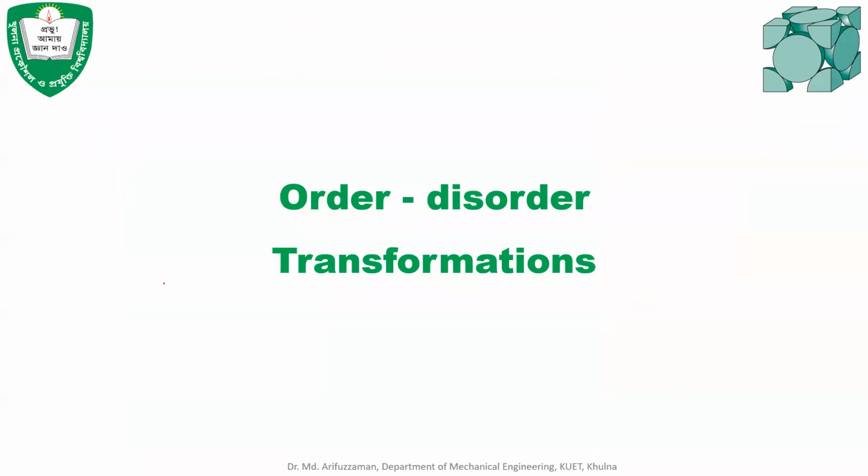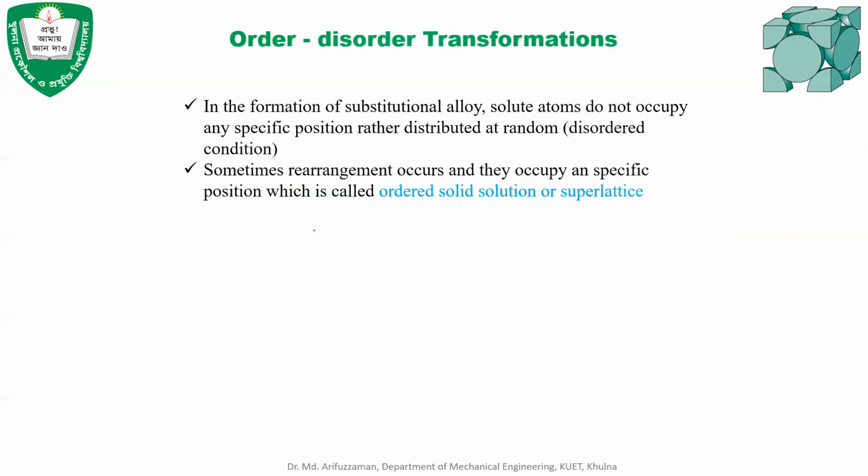So the next one is the order disorder transformation. In the formation of substitutional alloys, solid atoms do not occupy any specific position, rather they are distributed at random. That means in the disordered condition, when a substitutional type solid alloy is produced during solidification, the atomic position is not completely uniform.